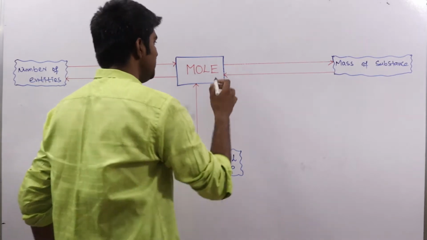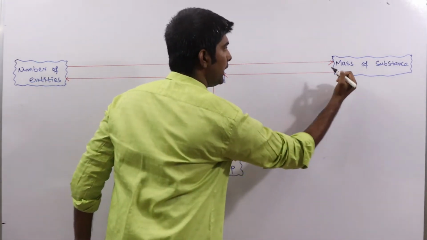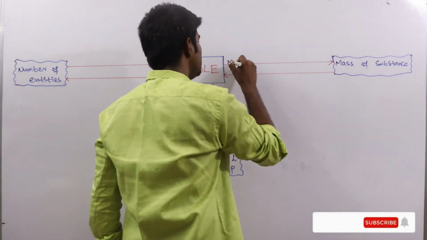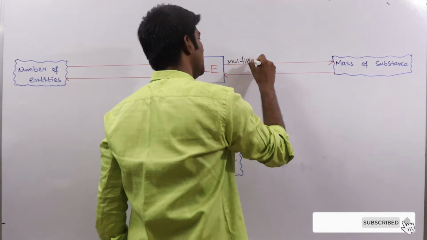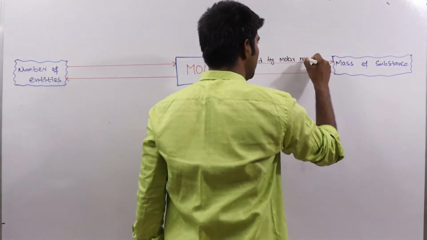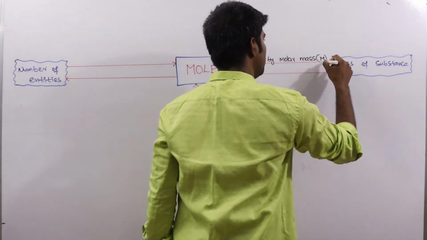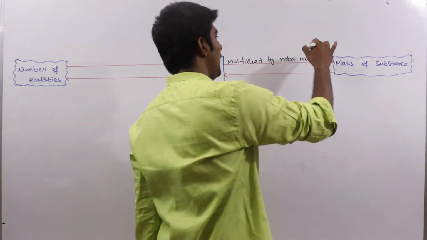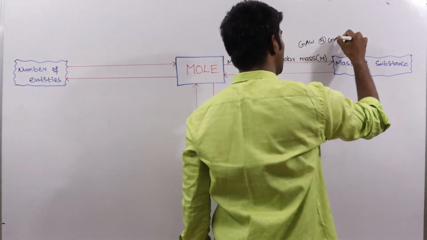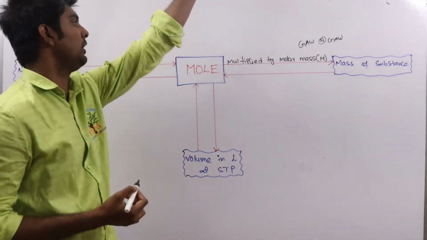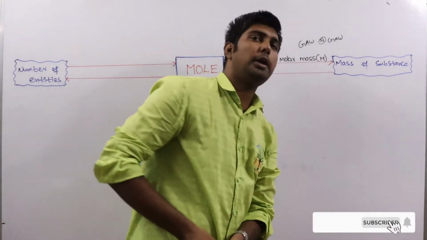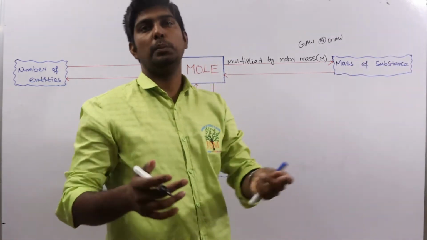Very simple: the number of moles is multiplied by the molar mass, generally denoted by capital M. For atoms they will give gram atomic weight, or for molecules gram molecular weight, but simply we are using molar mass here. If the number of moles is multiplied by the molar mass, then we get the mass of the substance.